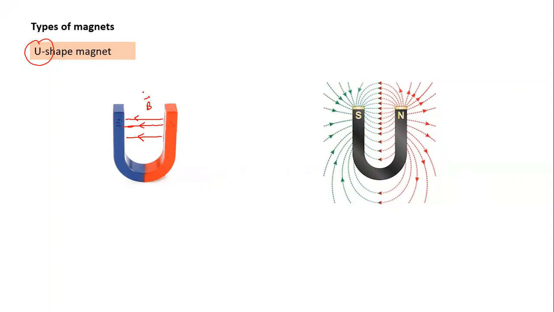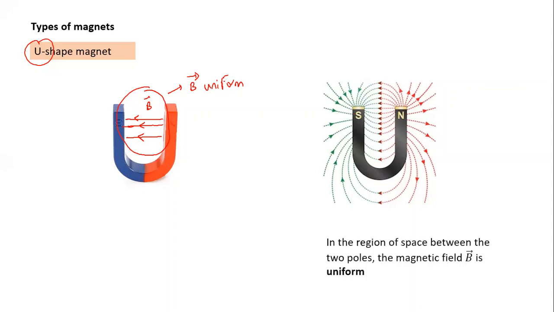This is why I say that in this region, the magnetic field B is uniform. When I say a uniform vector, that means it has the same direction, same line of action, and same value. So in this region of the U-shaped magnet, the magnetic field B is uniform. This means it's a constant vector.